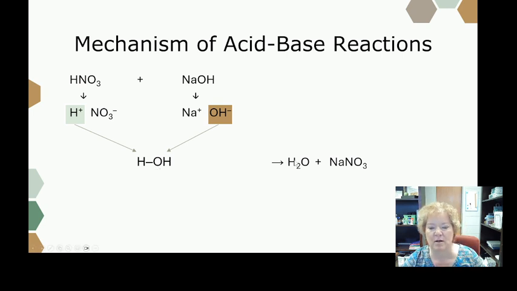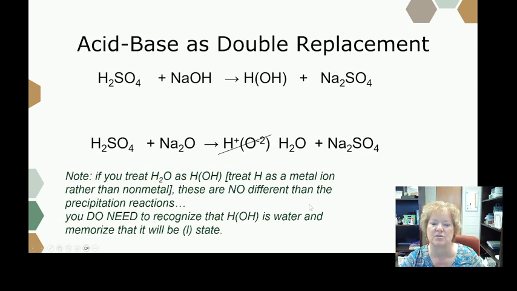So I end up with a water molecule. I have some remaining ions left, in this case a sodium ion and a nitrate ion, and they're going to form the salt. Normally when writing them in molecular form, I would write them together with subscripts based off of what charges they are, just like we were doing for the other double replacement reactions.